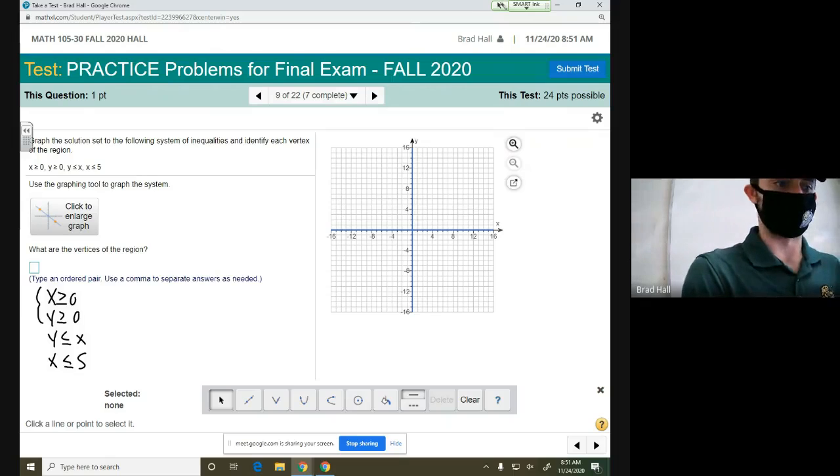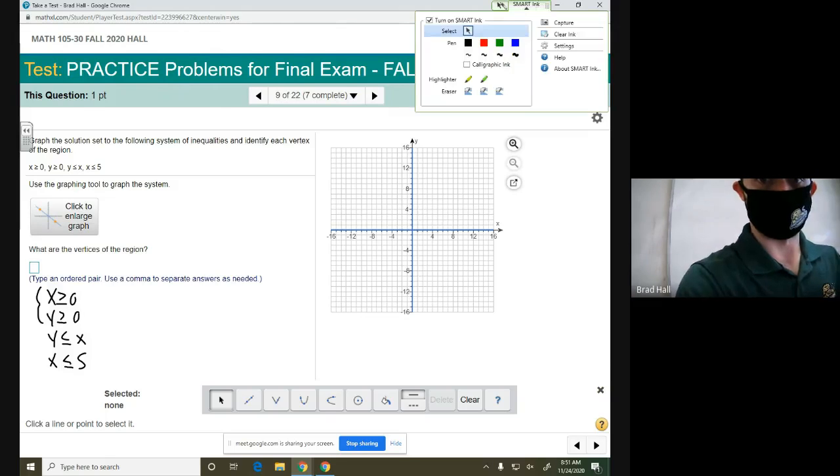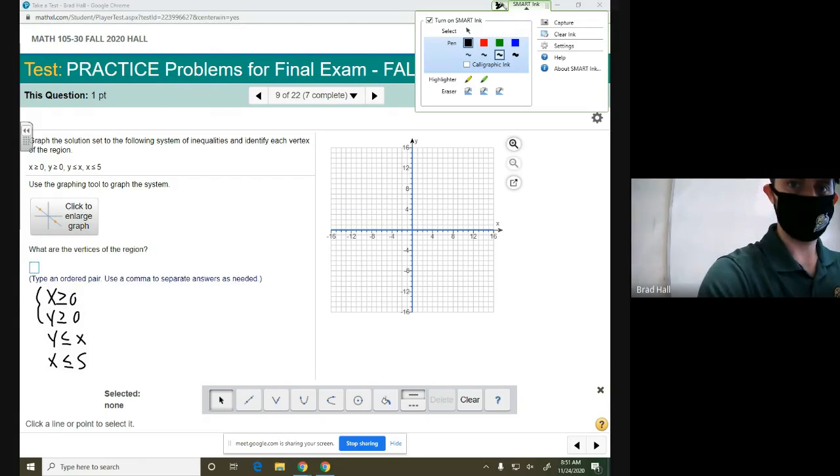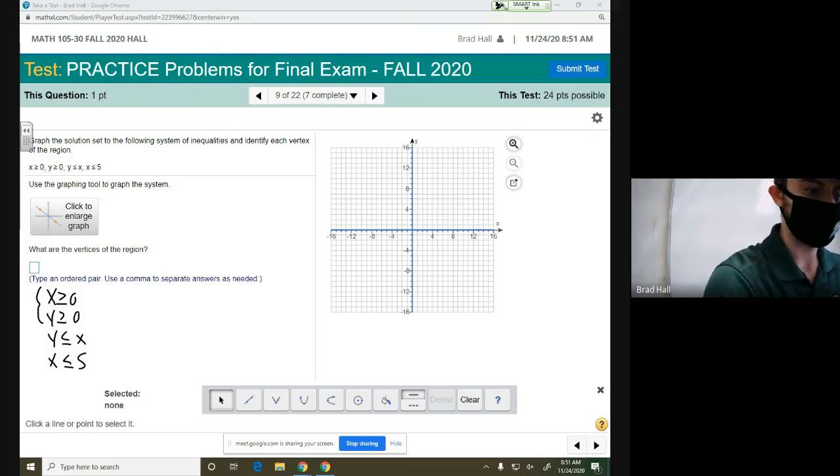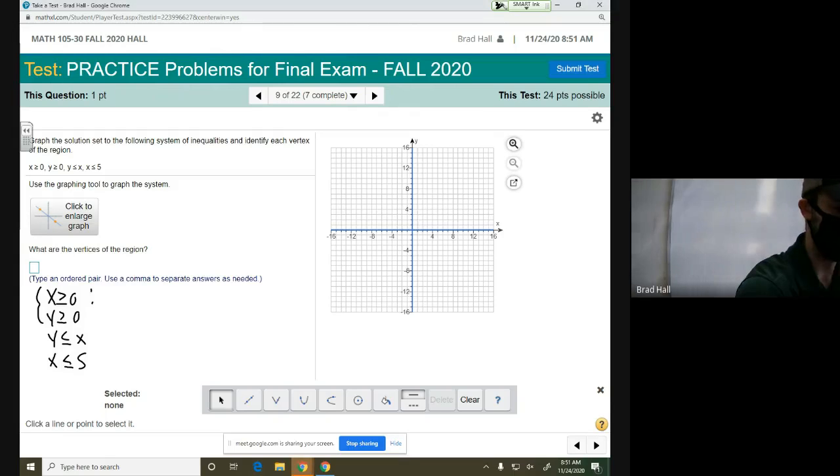Now we need to graph the other two. Y is less than or equal to X and X is less than or equal to 5. For both of those, we need to graph them individually. One of these is Y is less than or equal to X. The other one is X is less than or equal to 5.